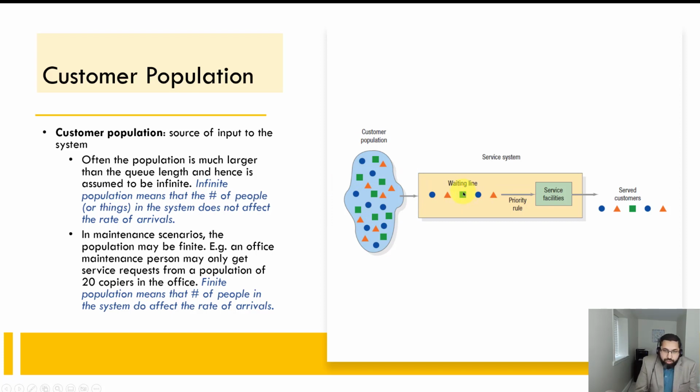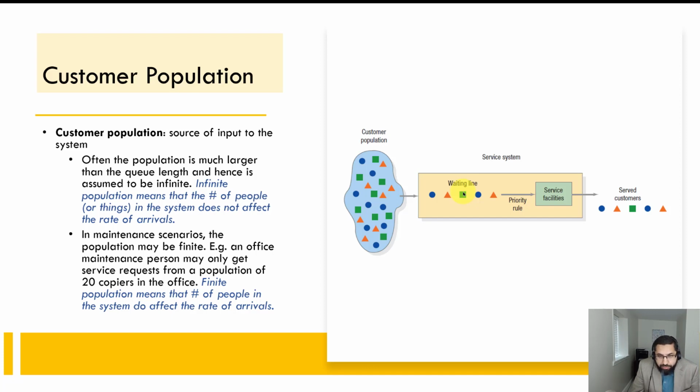Imagine a grocery store in Flint. And imagine that, in the grocery store, usually you find anywhere between 1 to 10 people in the store. If this grocery store was in a very small town in the middle of nowhere where there was a total of 10 people in the town, once you had 10 people in the grocery store, the probability of anybody else coming to the store would be zero, or close to zero, because the whole town is basically inside the store.